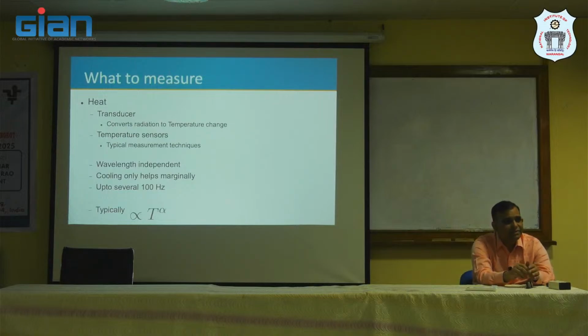That something intermediate could be temperature, pressure, strain, or stress. A very good example is if it converts to temperature, then we can measure that temperature through indirect means, through other sensors. Now, generally heat measurement is wavelength independent. You are not measuring a particular wavelength, you are measuring how much overall energy it has.